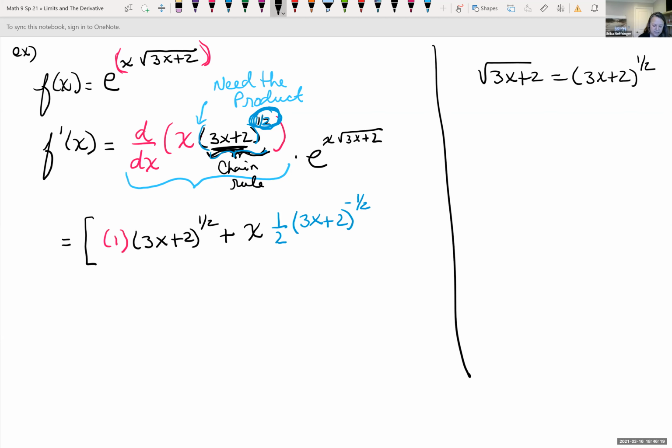The derivative of the inside, let's just write that for now, d dx of 3x plus 2. And that was the derivative of the exponent times the original e function, e raised to the x times the square root of 3x plus 2 power.